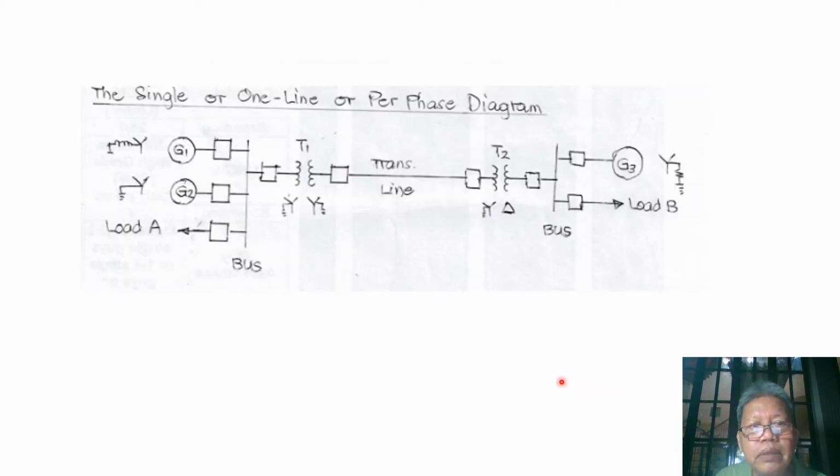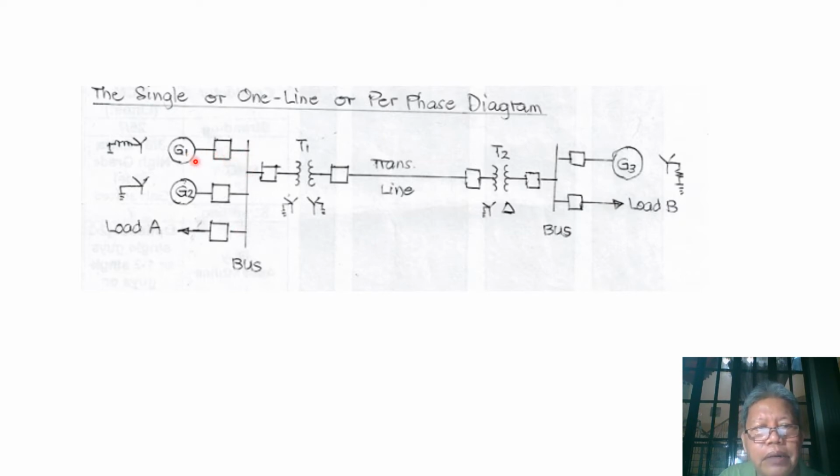Now, a single line diagram can look like this, of a simple power system. We have here a bus. Actually, a bus is simply the part of the network where we make connections. For example, our generator 1 with its breaker is connected to this bus.